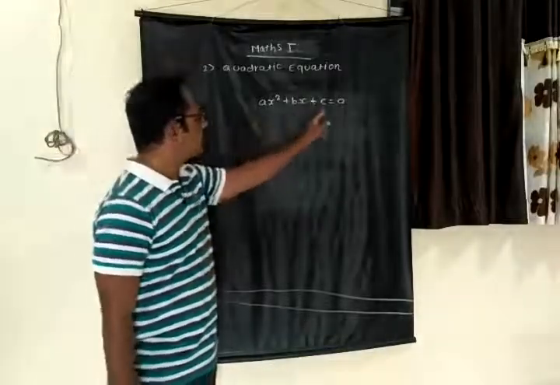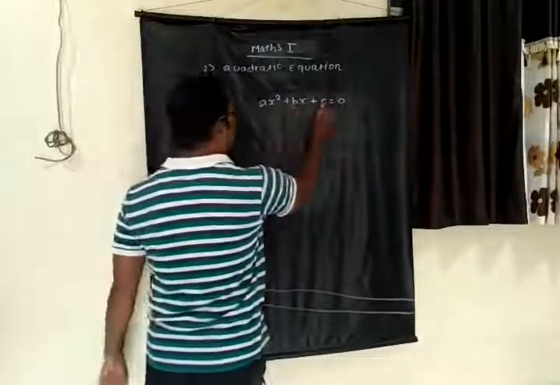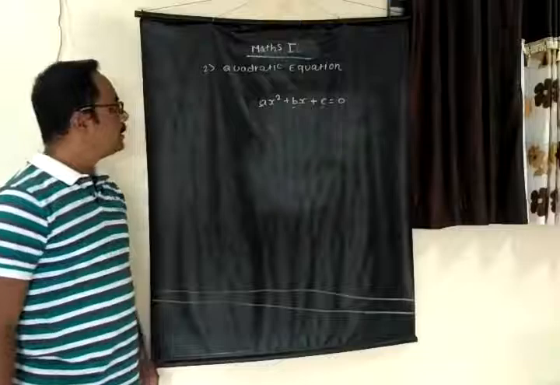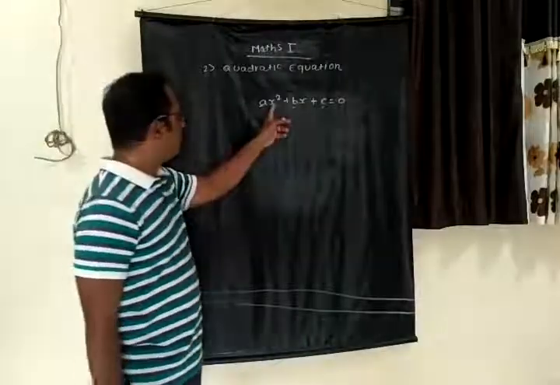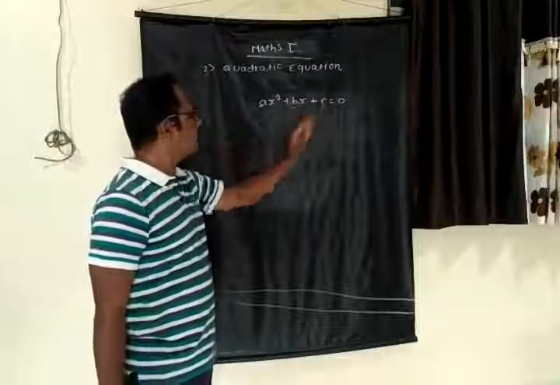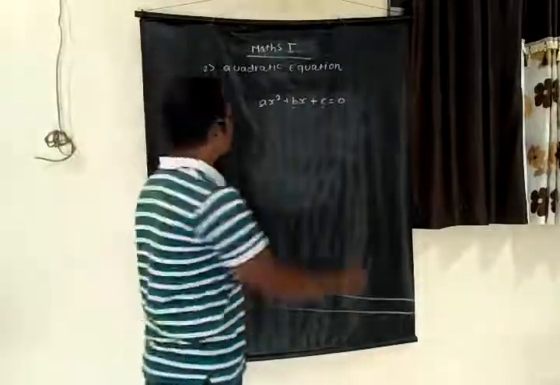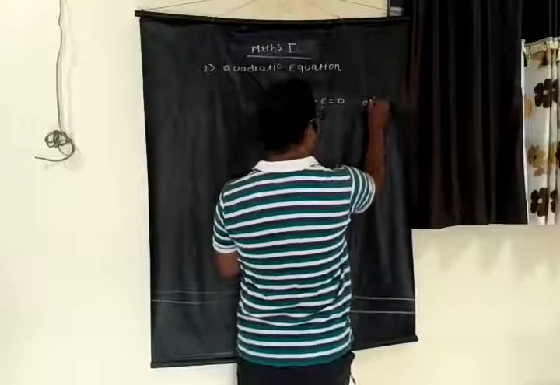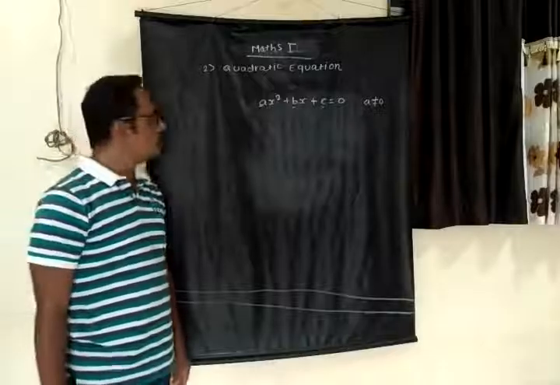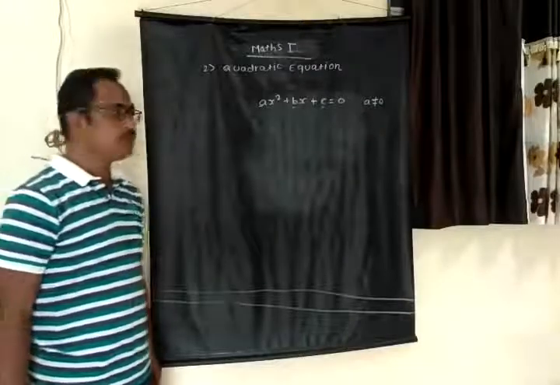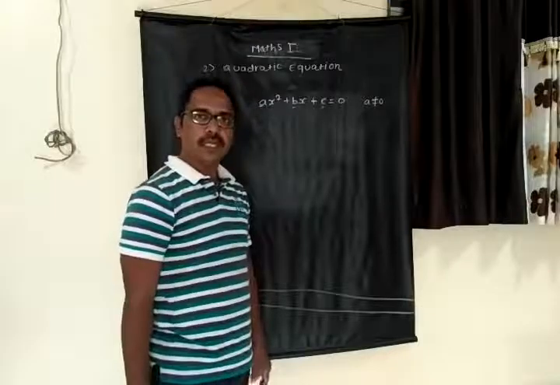Ax square plus bx plus c is equal to 0, where a, b and c, these are the coefficient of x square, x and c is a constant term. And in this standard form, a is not equal to 0. That is called as a standard form of a quadratic equation.